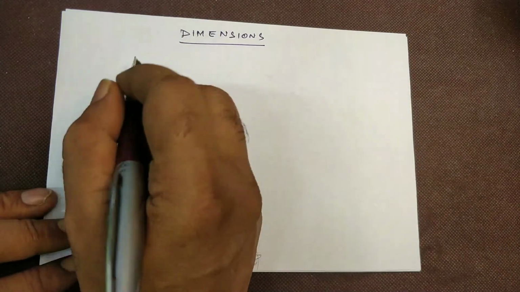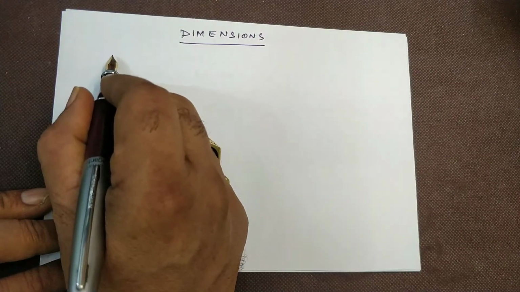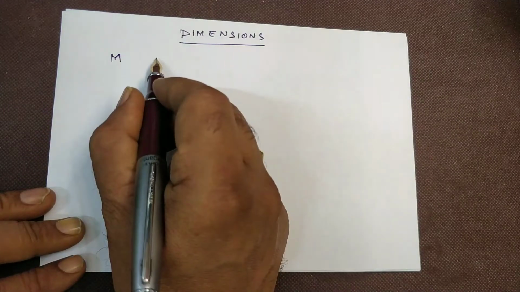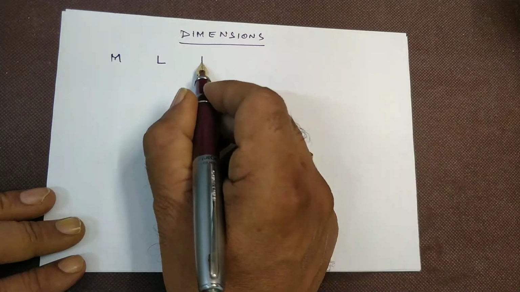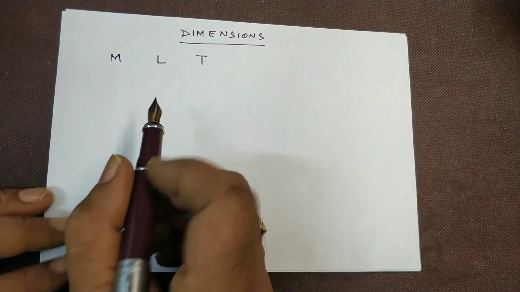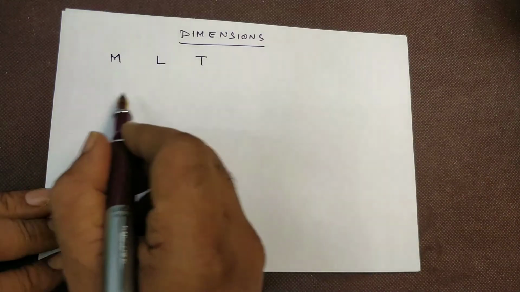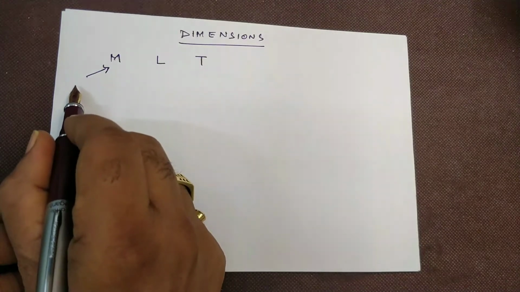The dimensional formula is represented by, for mass, capital M, for any length measurement L, and for time T. So these are the fundamental units and the dimensions of the fundamental units. For example, as I already mentioned, M represents mass.